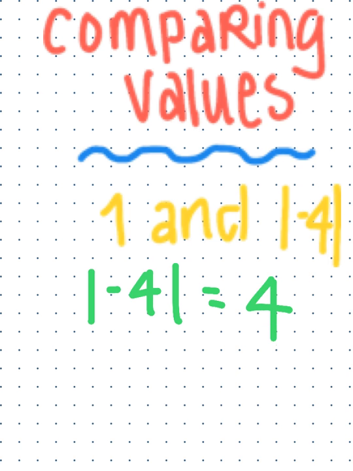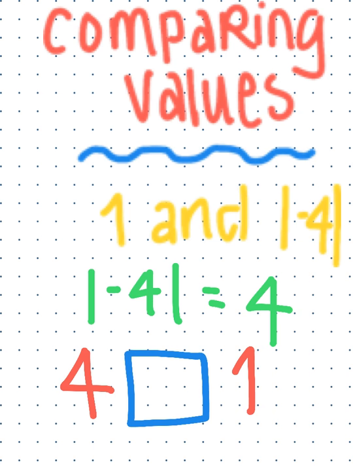So if we have the two numbers now, which are 4 and 1, what is the symbol that we put in to compare them, okay? So we know that 4 is greater than 1 and 1 is less than 4. So what I like to say is the alligator always eats the bigger number. So let's draw our alligator.